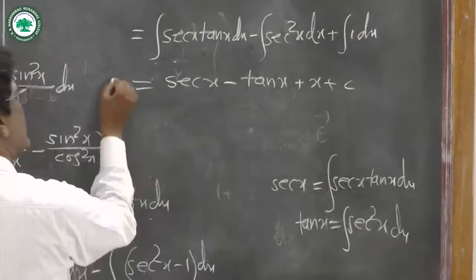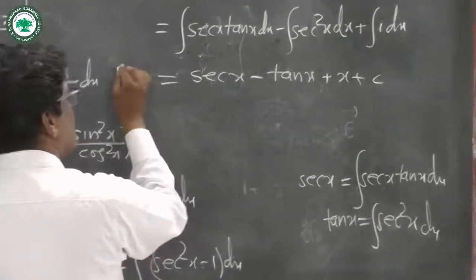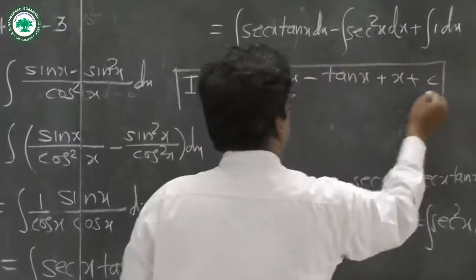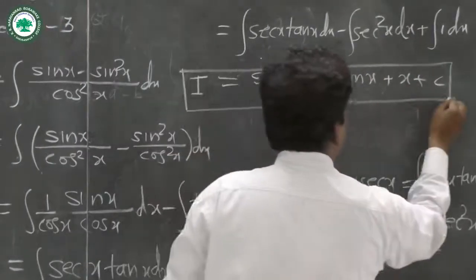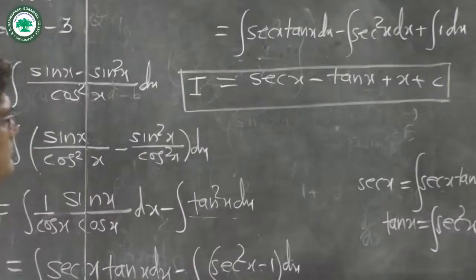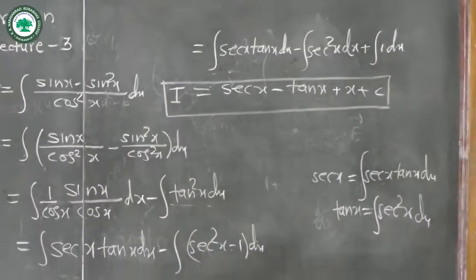This is the final solution. So we get the final solution as sec x minus tan x plus x plus constant of integration. Take the screenshot and write down.